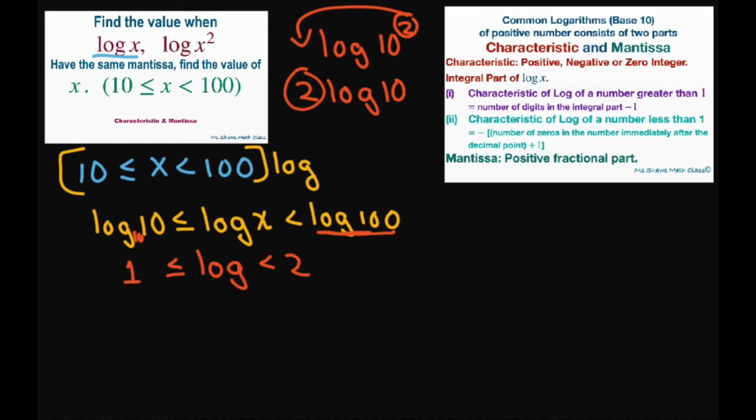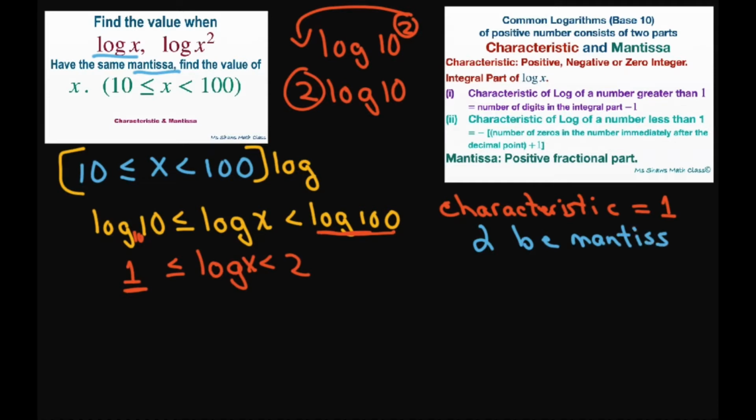All right, so the characteristic of log of x is 1 because it has to equal 1. So the characteristic of log of x equals 1. All right, and so let's look at the mantissa. Let's let alpha be the mantissa for log of x.